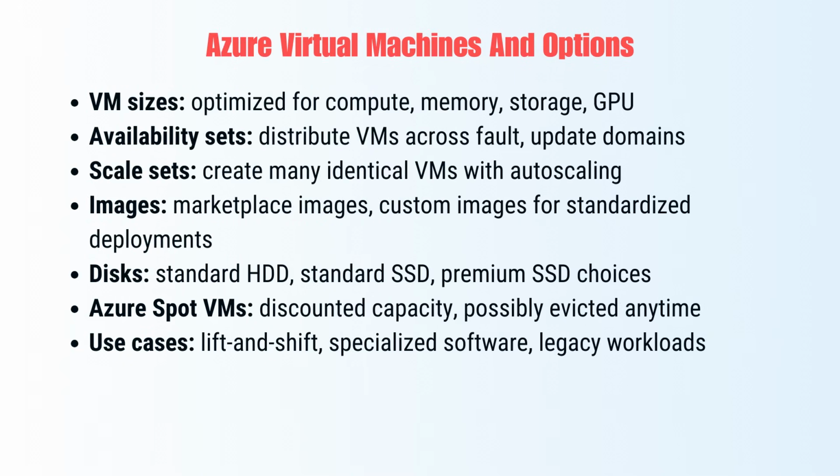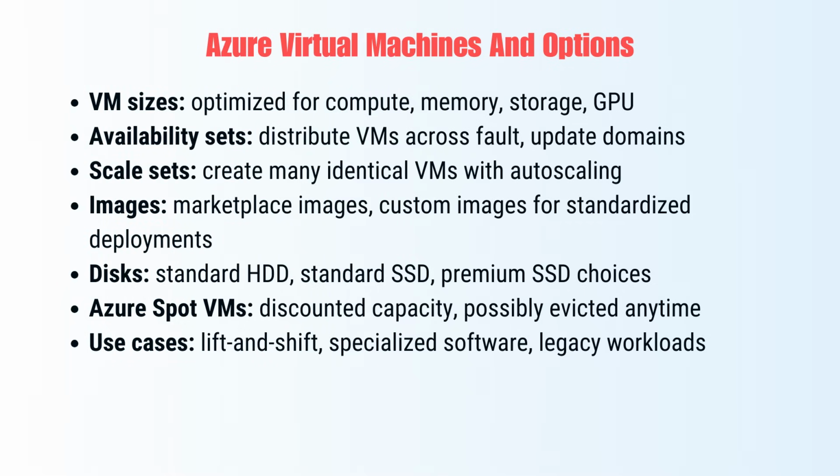In this slide, we'll dive deeper into Azure virtual machines, VMs, and understand the options available when you choose IaaS compute. When you create a VM, you choose a VM size that defines CPU, memory, and storage performance. Azure offers size families optimized for different needs: general purpose, compute optimized, memory optimized, storage optimized, and GPU for graphics or compute-intensive tasks.